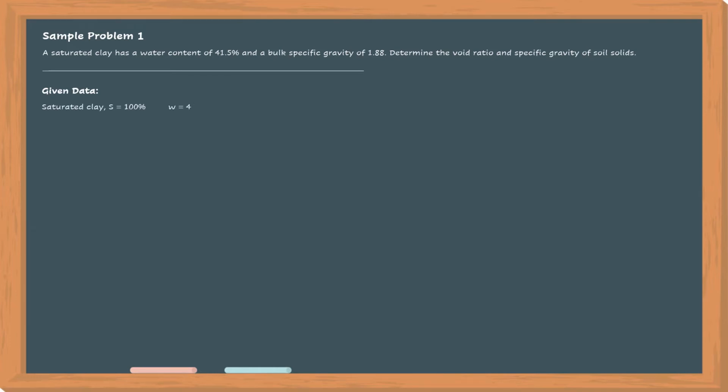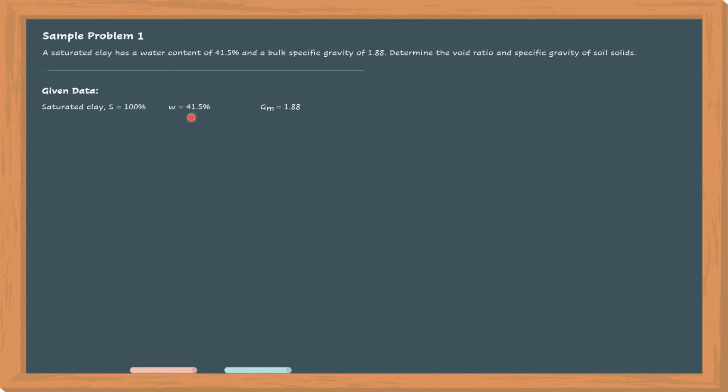We have a saturated clay, so take note of the word saturated because that would mean that the value of S or the degree of saturation is equal to 100%. It may not be directly stated as S is equal to 100%, but the word saturated is implying that S is indeed equal to 100%.